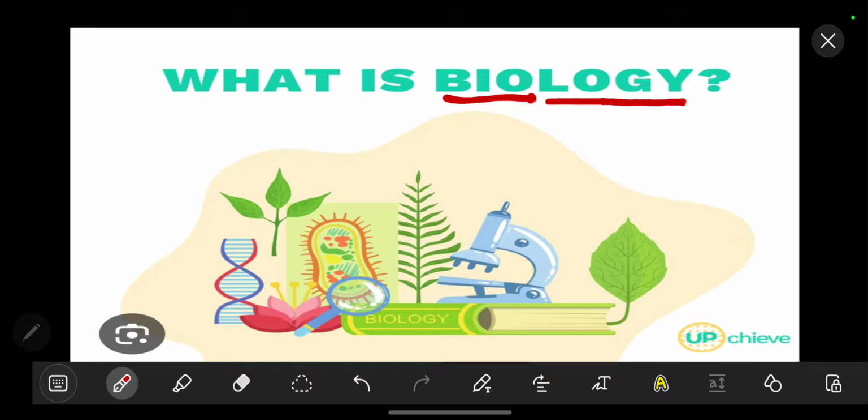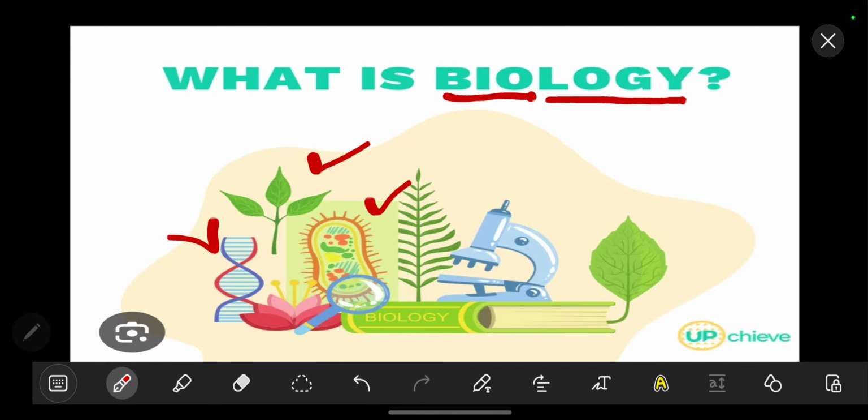Under biology, we'll be looking at the components of life. For example, as you can see, this is the DNA, this is the leaf, and among others, the cells. Biology has to do with living organisms. This is why we use the microscope to be able to see such things as the DNA.